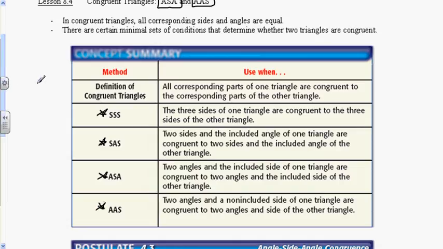As mentioned above, we're going to focus today on angle side angle and angle angle side. Notice there is no side side angle. I write it that way on purpose. Luckily for us mathematicians, that's not one of them to use.